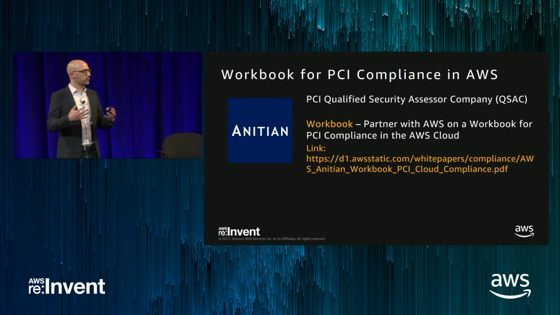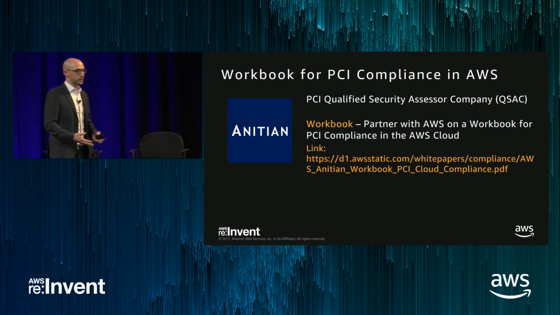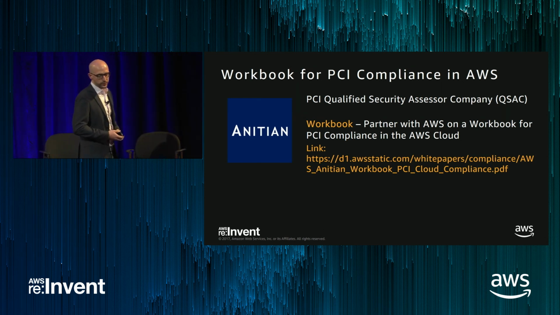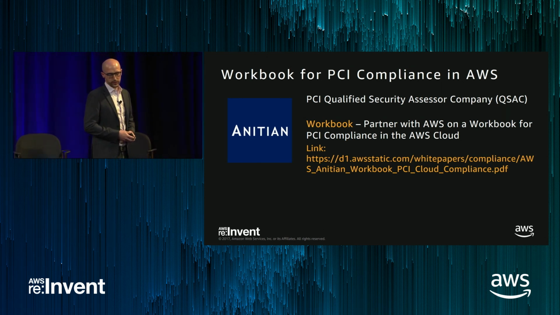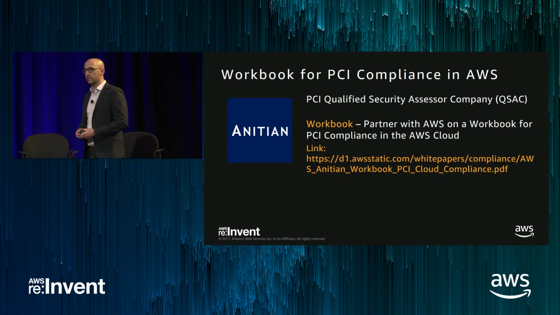We decided as well to partner with Anitian. Anitian is a PCI qualified security assessor, which means that Anitian has the power to actually say whether something is compliant for PCI or not.